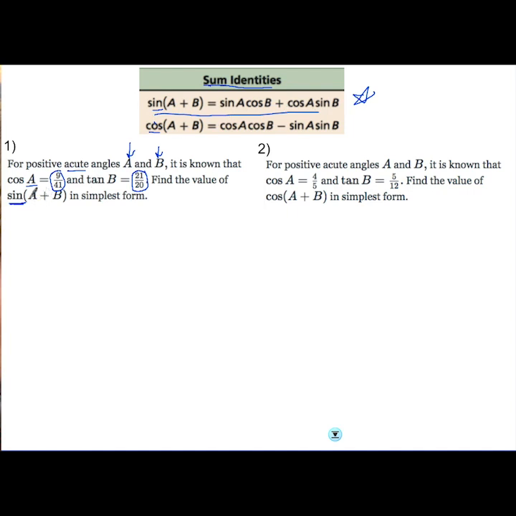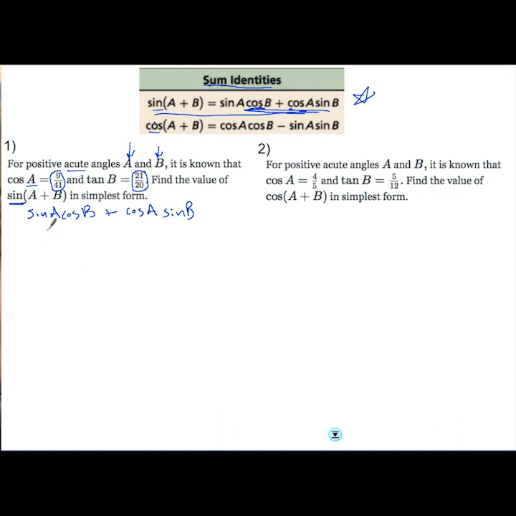So we're going to say that the sine of A plus B is this: sine of A times the cosine of B, plus cosine A times the sine of B.